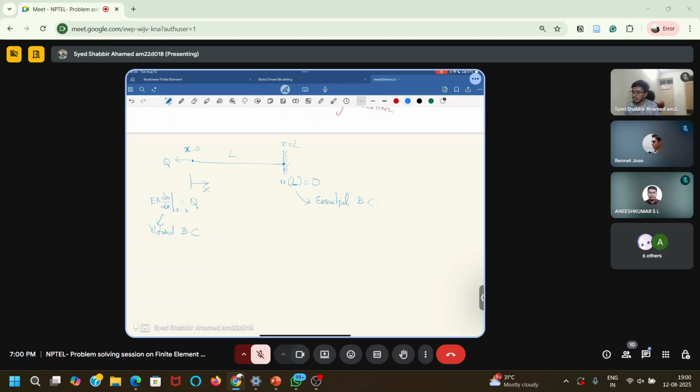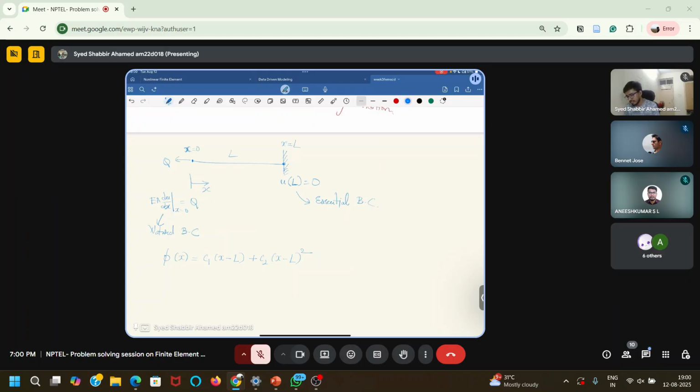Let's say I take some kind of higher polynomial. I can assume phi of x equals c1 times (x minus L) plus c2 times (x minus L) whole squared.